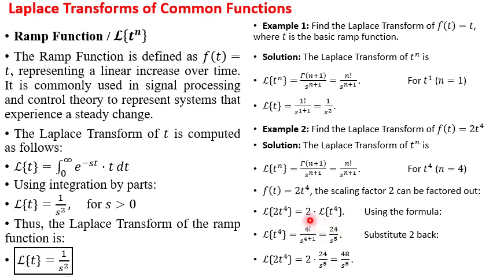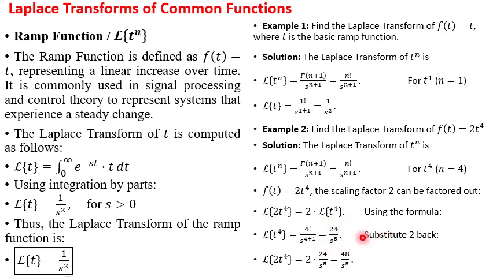That is 4 factorial. Now 4 times 3 gives us 12, and 12 times 2 gives us 24. 24 times 1 remains 24, and that is how we got this, all over s raised to power 5. Of course, 4 plus 1 is 5.